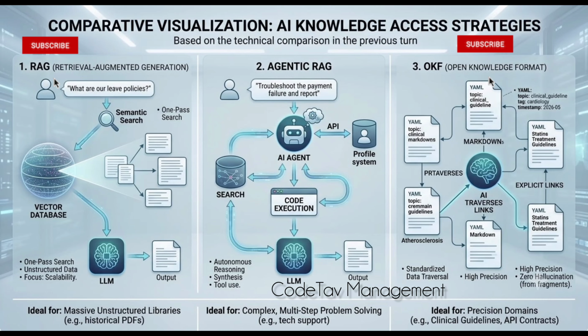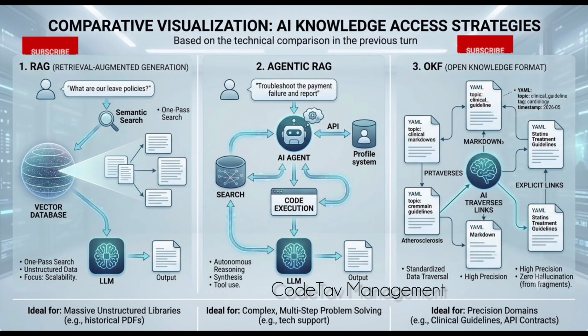For Agentic RAG, it is unstructured or structured data via various tools. For OKF, it is plain text markdown with YAML metadata, like a wiki. The primary advantage of RAG is high scalability across massive datasets. For Agentic RAG, it is autonomous reasoning and multi-hop synthesis. And for OKF, the main advantage is extreme precision and clear provenance.